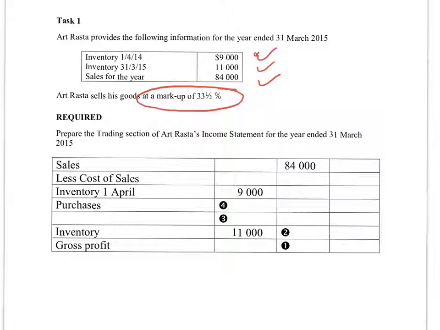So if the markup is 33%, remember, whatever the markup is, it is a percentage that has been added on to cost of sales. So you have to assume then that cost of sales is 100, and the gross profit markup is 33 and a third.